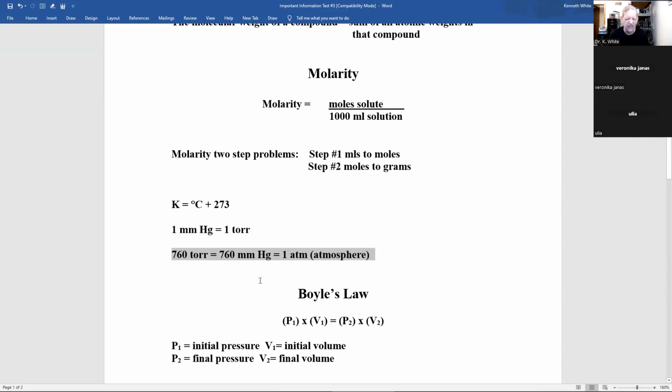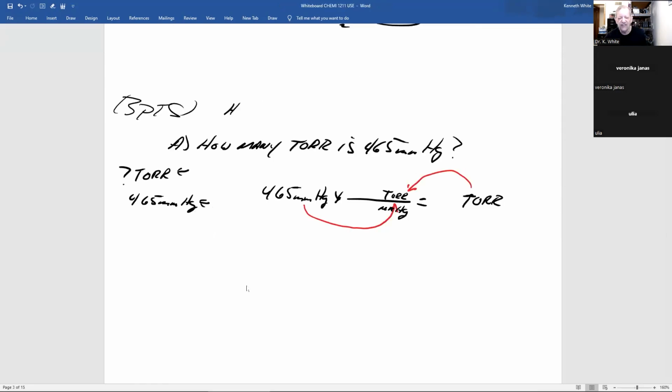These are all exact numbers. This is a definition. So every 760 torr is 760 millimeters of mercury. And now notice millimeters of mercury divided by millimeters of mercury cancel out. I'm left with torr, this divided by this, number 1.